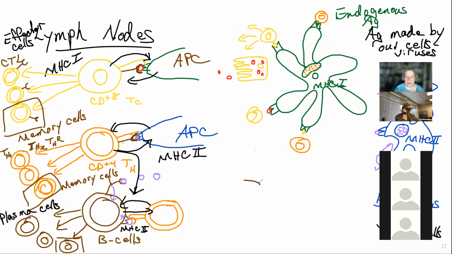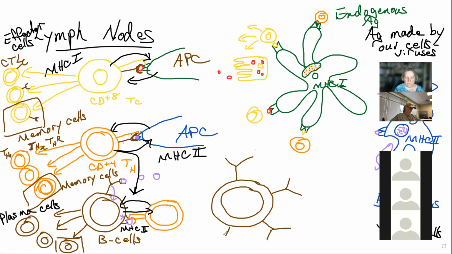Which reminds me, occasionally, B cells do not need a T helper cell to get them going. And like I said, I've only drawn one B cell receptor. They have them bristling all over themselves like a space satellite.